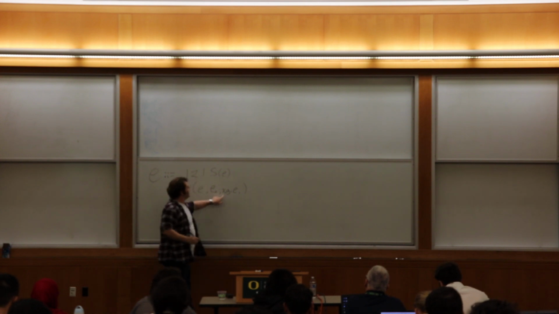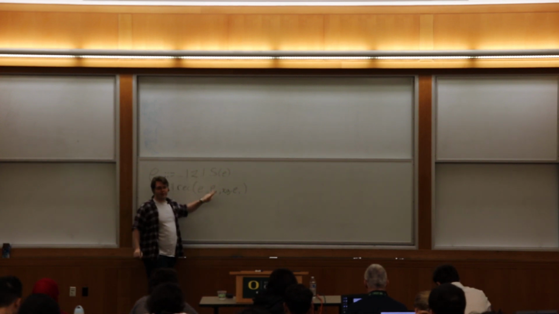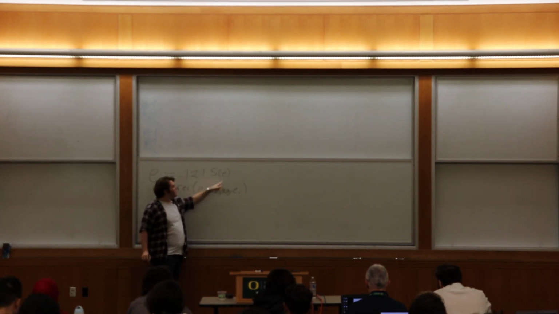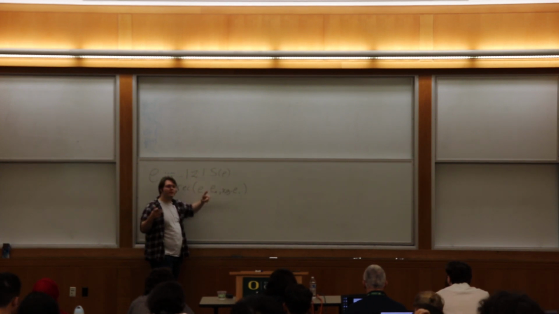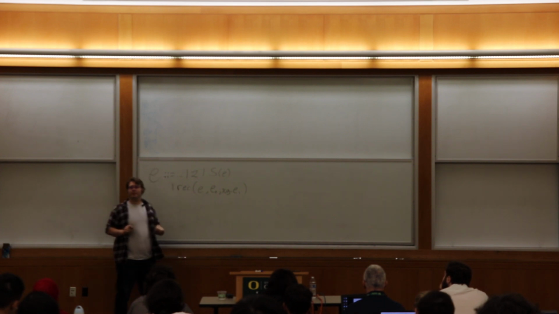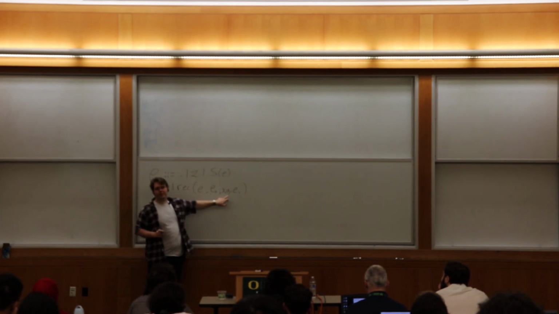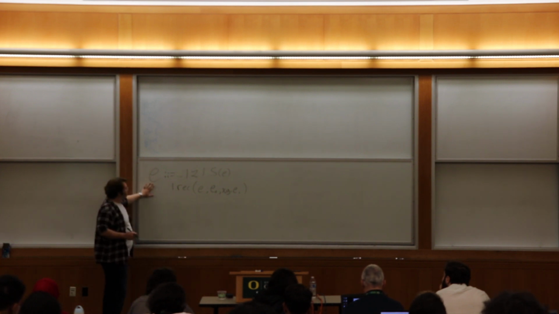So this binds two variables, one of which is the body of the successor, and the other of which is somehow going to be that recursive result. We'll see in a little bit how we figure out what to put in for y there. Okay, so that's the abstract syntax tree.